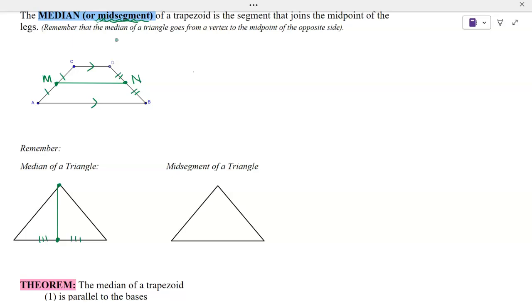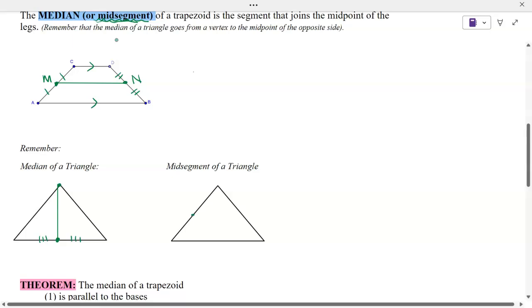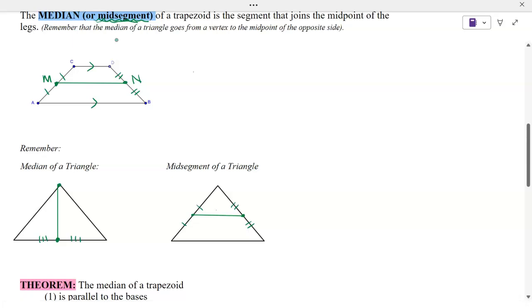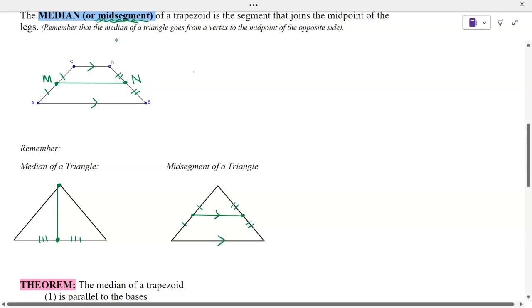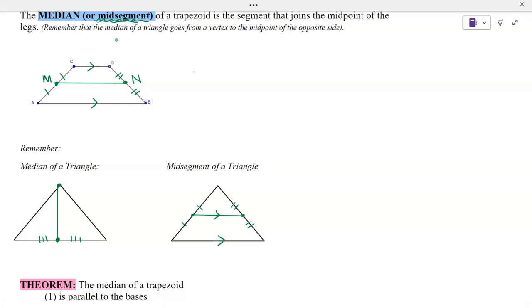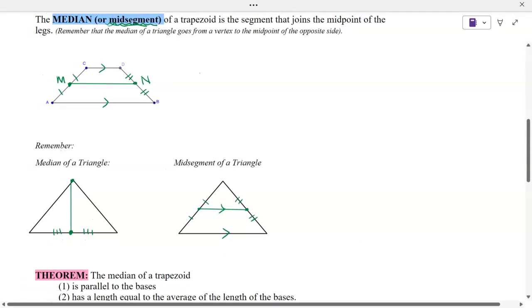Now, when we're talking about the mid-segment of a triangle, we learned that a couple of sections ago. It is going to start from the midpoint of one side of the triangle, and it's going to join to the midpoint of the other side of the triangle. And we also learned that it's parallel to the third side of the triangle, and it's also half the length of that third side of the triangle.